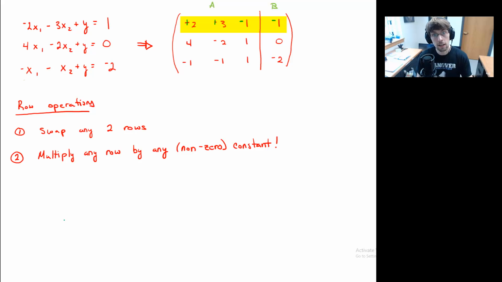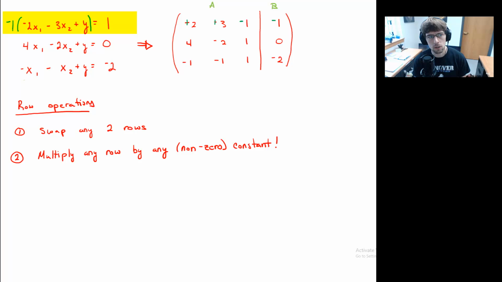I haven't done anything that will make the end solution any different. Again, going back to the equation representation, all I've done there is take the left side of the equation and multiply by -1, and take the right side of the equation and multiply by -1. So I haven't changed anything.